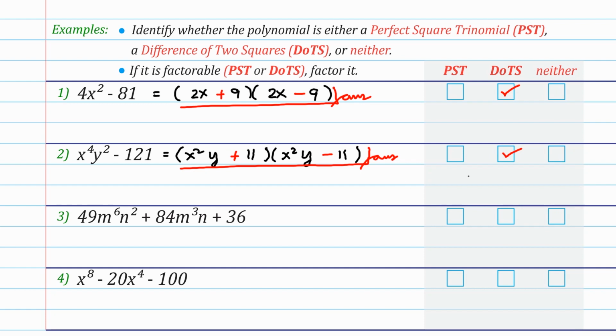Third example, 49m to the 6 n squared plus 84m cubed n plus 36. Ang haba-haba. Okay, it's not a difference of two squares kasi pang binomial lang yon. Hopefully, it's a perfect square trinomial. Bakit? Take note, look at the numerical coefficient of this, 49. Look at the numerical coefficient of this, 36.